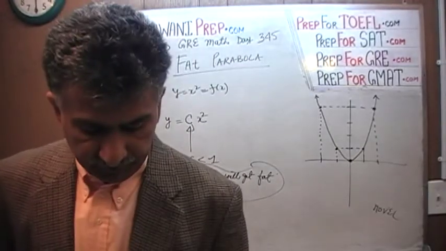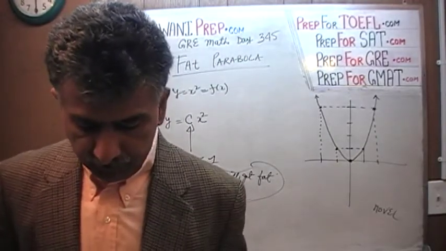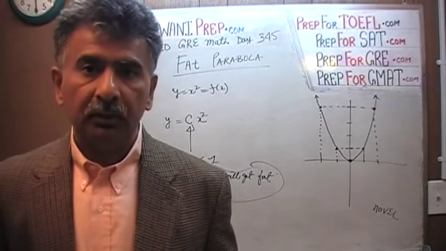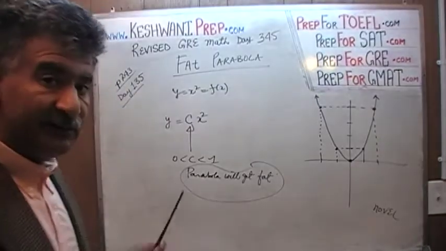If you read carefully, it tells you that if c is between 0 and 1, the parabola tends to become fatter, and we'll see that in a second.